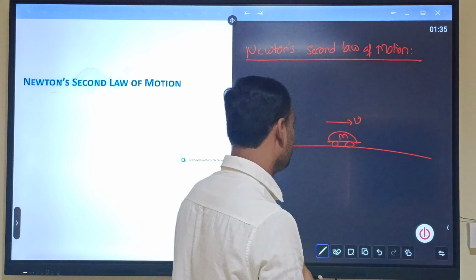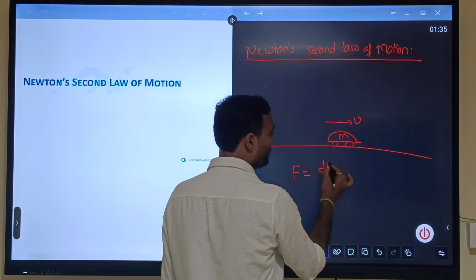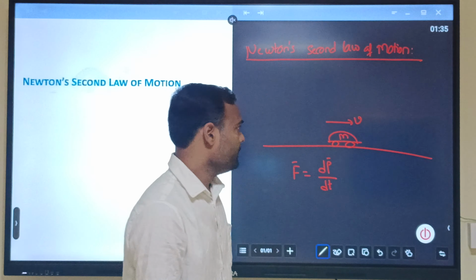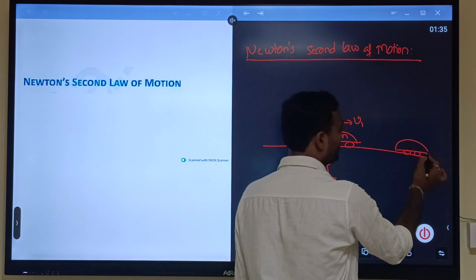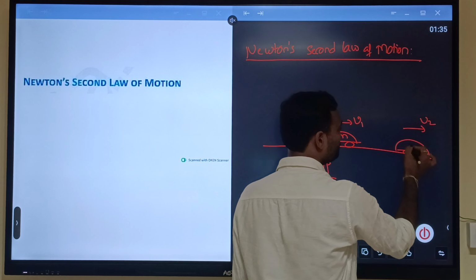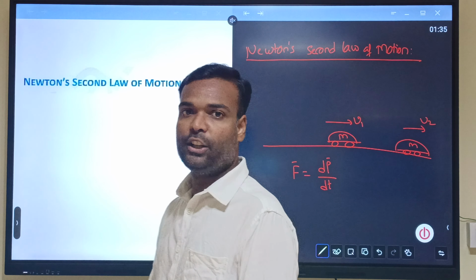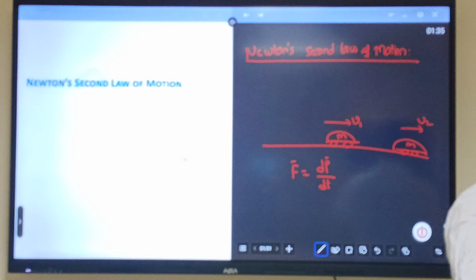And Newton's law says that force is equal to change in momentum by change in time. That means, let us assume here it is having velocity v1 and here it is having velocity v2. That means its velocity is changing with respect to time. Its velocity changing means the object is getting acceleration.